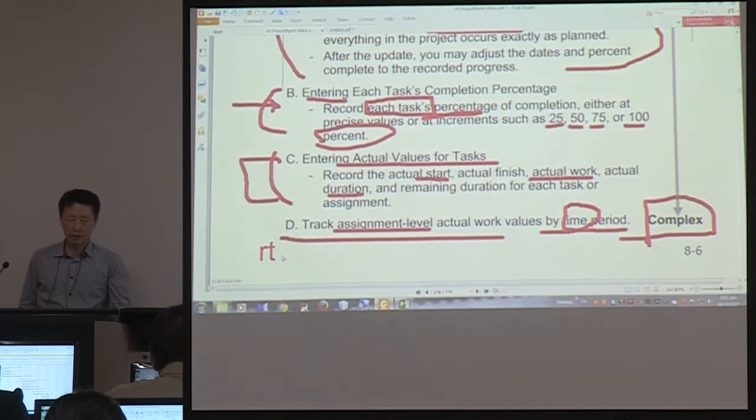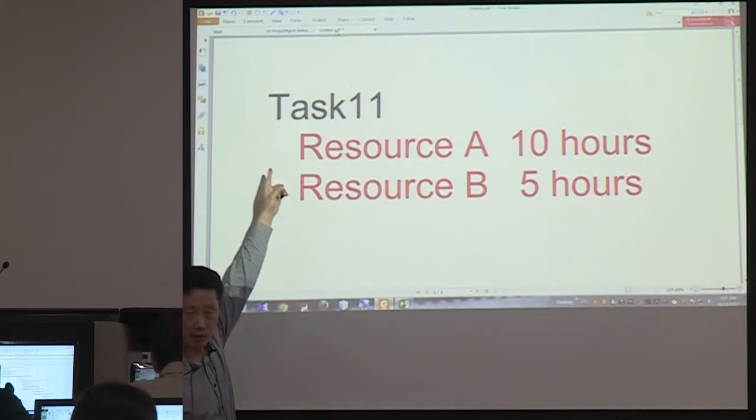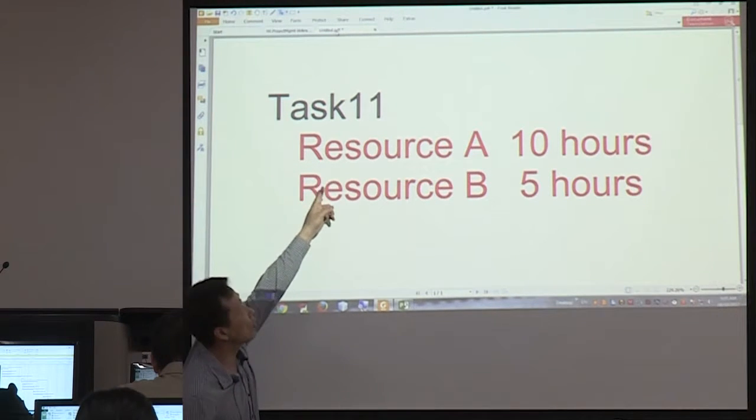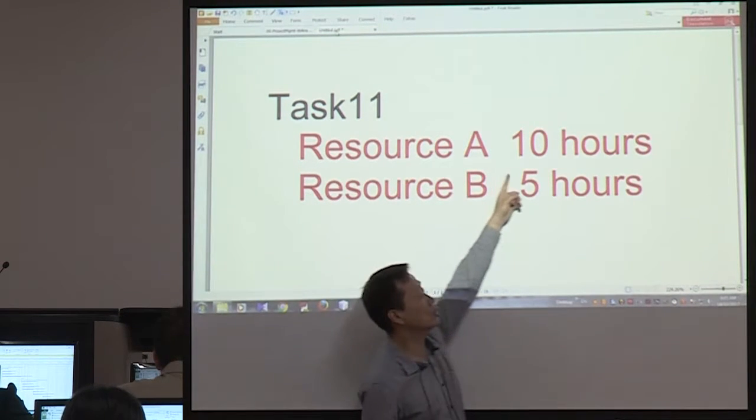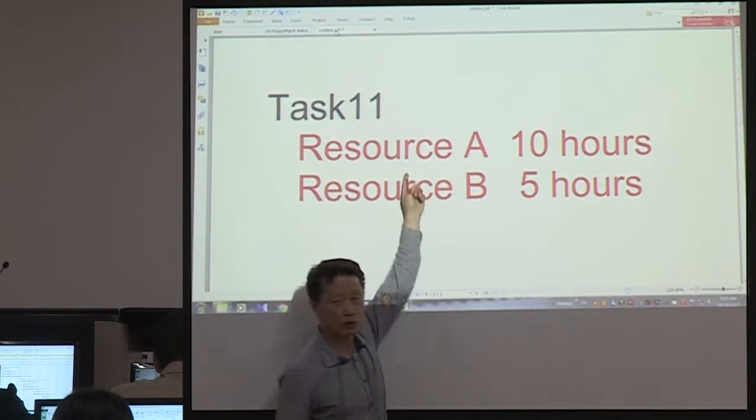The most difficult and complex way of tracking progress is tracking at the assignment level, meaning you assign resources to each task, and you record each work time per resource.